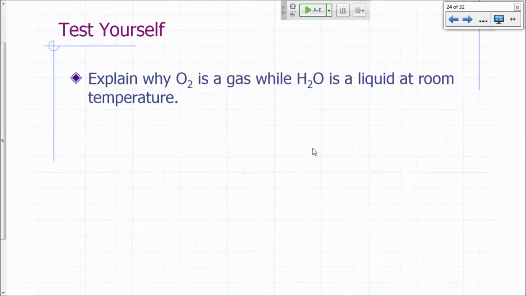So how do you explain why O2 is a gas while water is a liquid at room temperature? What type of interactions do O2 molecules have for each other? Does it have dipole-dipole interaction?